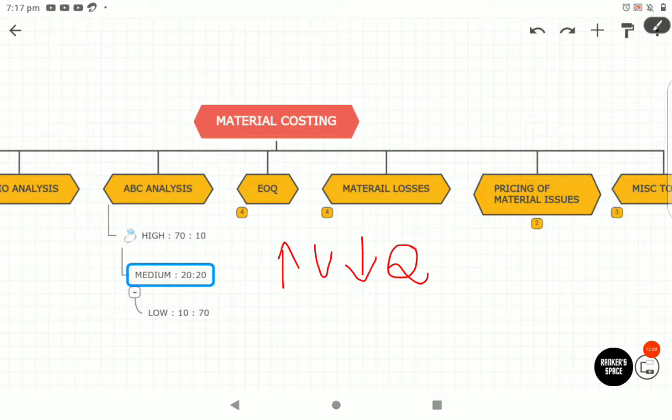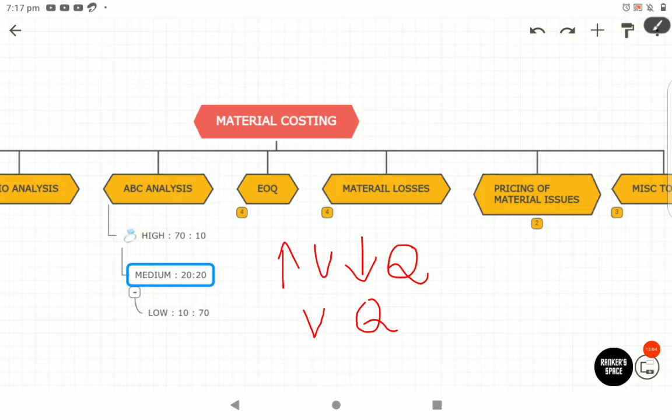Then the next one, medium importance. What is 20-20? Value as well as quantity will more or less be equal, so that is why 20-20. Low means very low value. Take the example of oranges. You will not buy only one orange and keep it at home. Depending upon your needs, you will buy 20, 30, or 10, right?